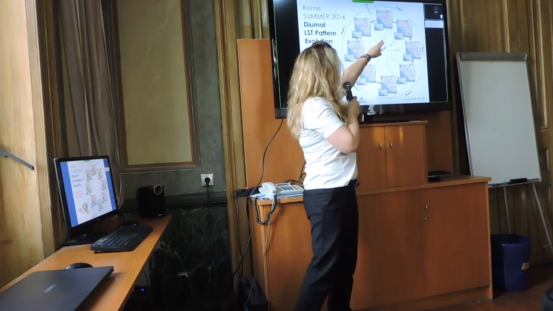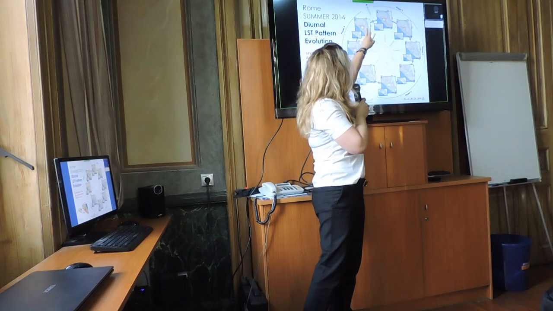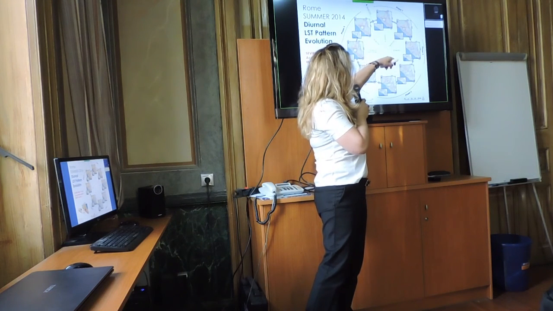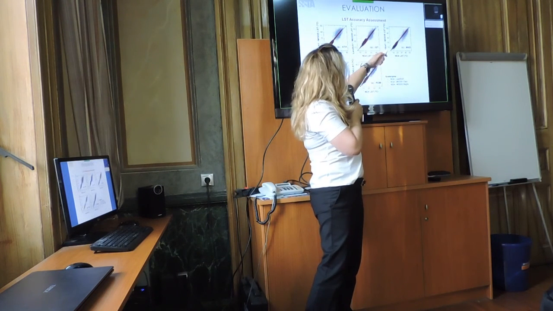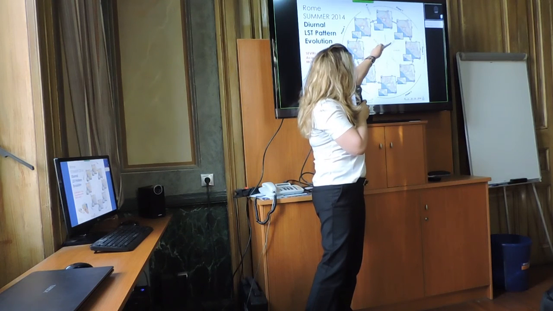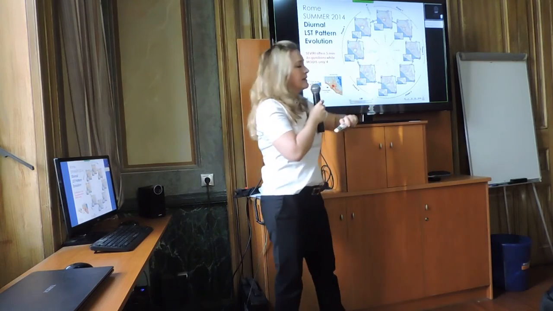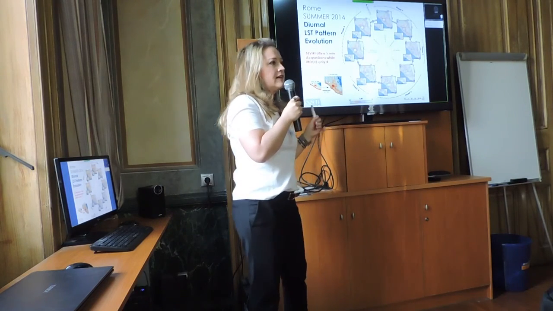Okay, so you see that the pattern in Rome center is very well formed during the night, and then after sunrise, which is approximately here, it starts disappearing, and actually in the morning you have the so-called urban sink.